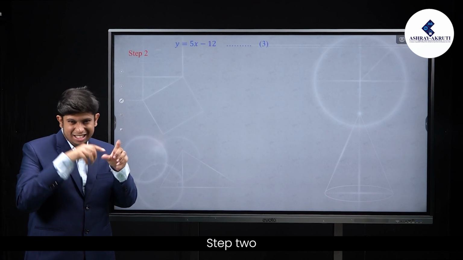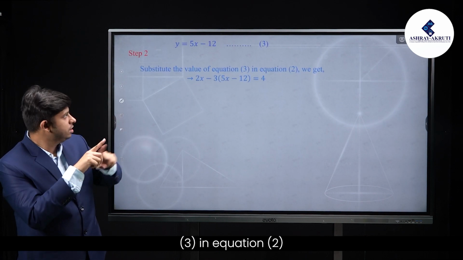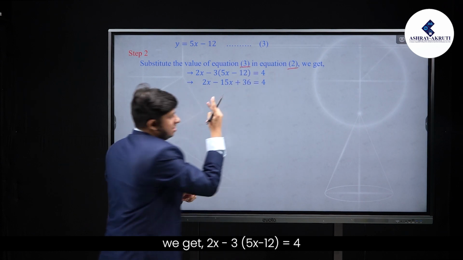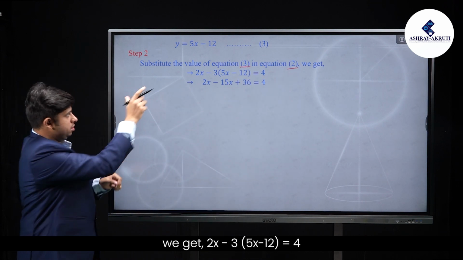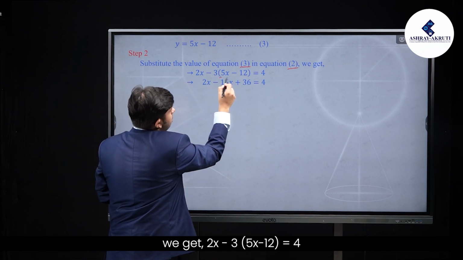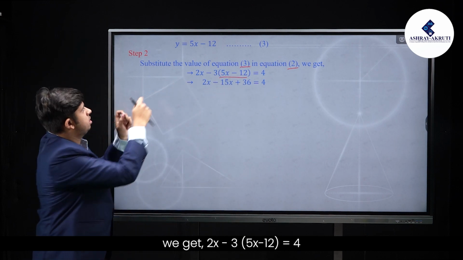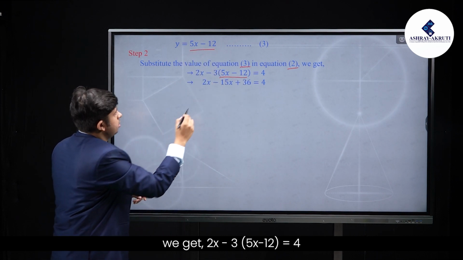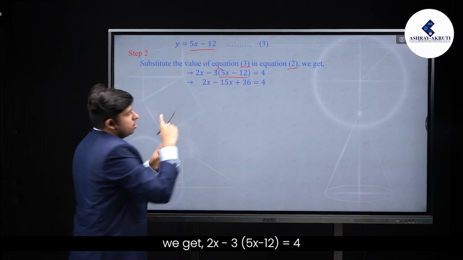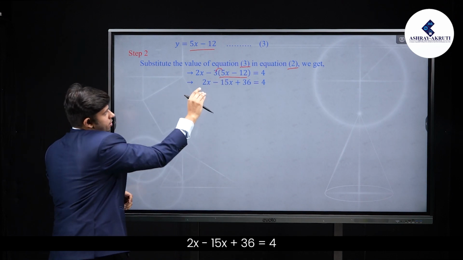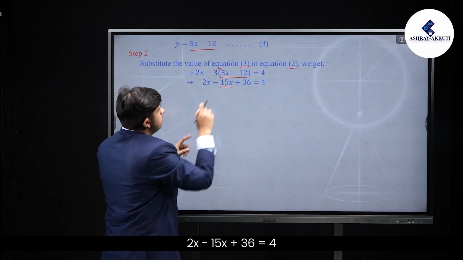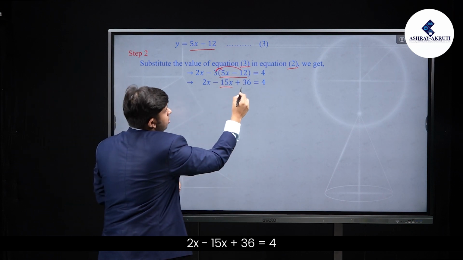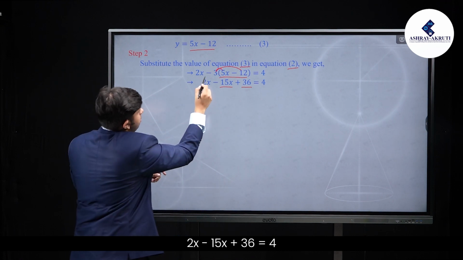Step 2. Substitute the value of equation 3 in equation 2. We get 2x minus 3 into (5x minus 12) is equal to 4. 2x minus 5 multiplied by 3 gives rise to 15x, minus into minus it is plus, and 12 multiplied by 3, that is 36, is equal to 4.